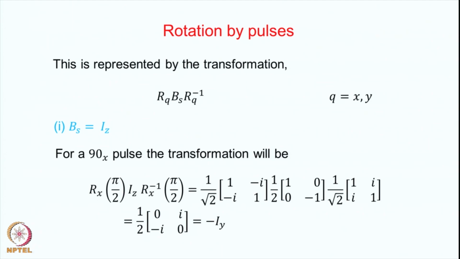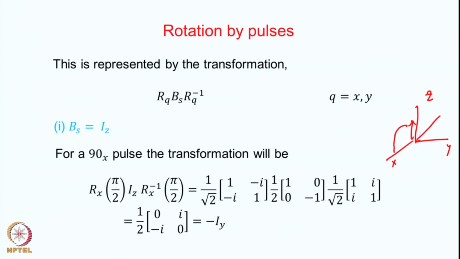So this is also what we had said earlier in the discussion with the derivation of the pulses. So this is the x, y, z, and if I have a vector here, the Iz operator, this gets transformed into minus y.